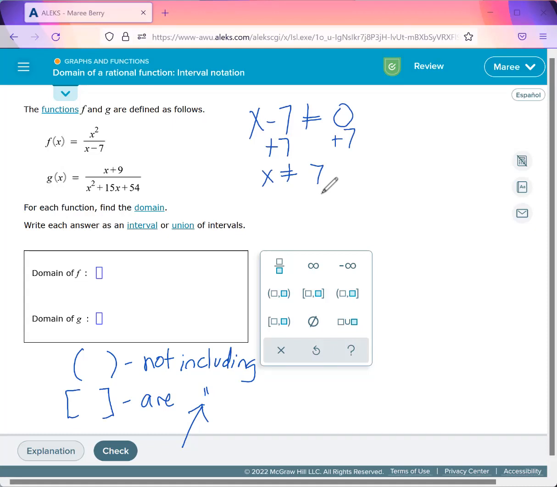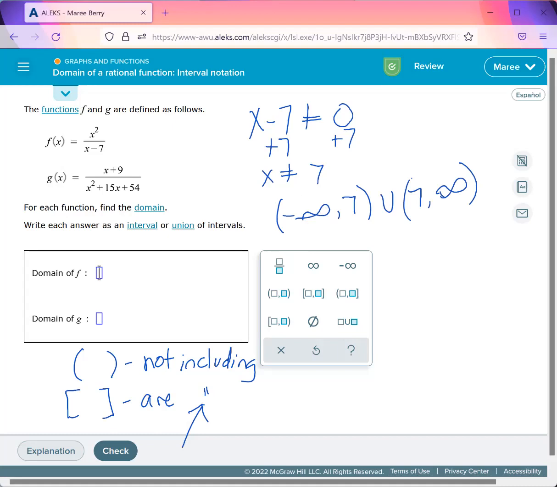So when we write our domain, we're going to put parentheses because we want to include all the negative numbers and we do not want to include 7. And then we're going to have a union with all the numbers from 7 to infinity. So the union means just both of these intervals will be allowed for a function f.